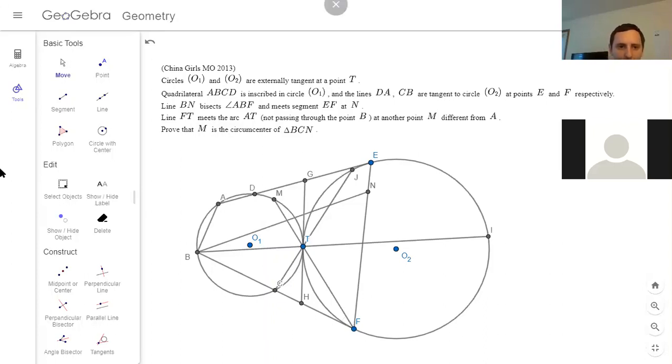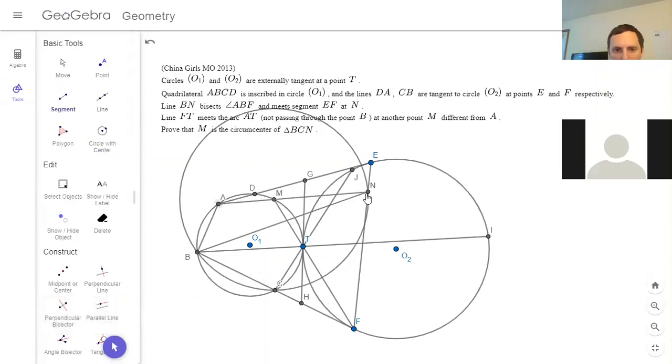So what if I drew that circle? Maybe it might help to see something. So yeah, what would be the case if A, M, and N were collinear? So we haven't proven it yet, but I wonder if that would help us solve it somehow.